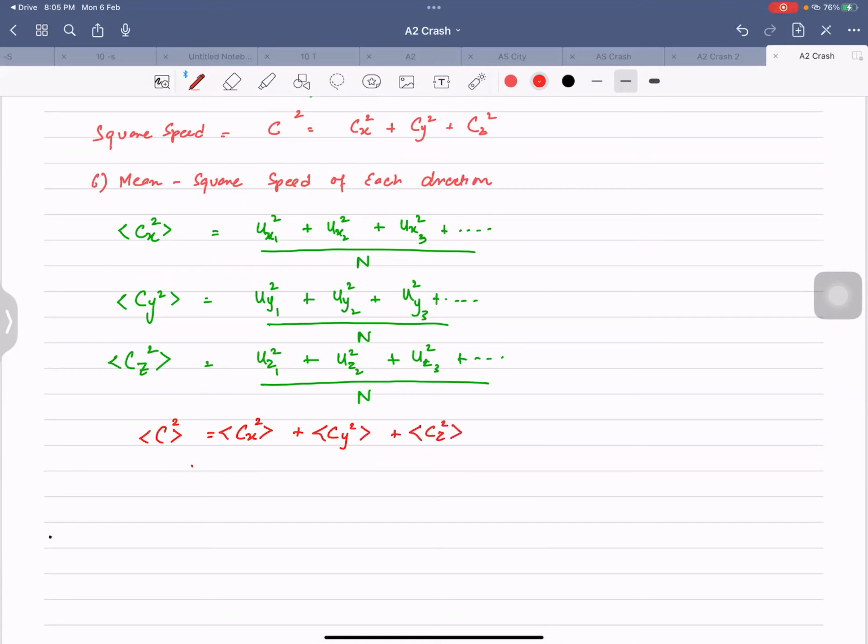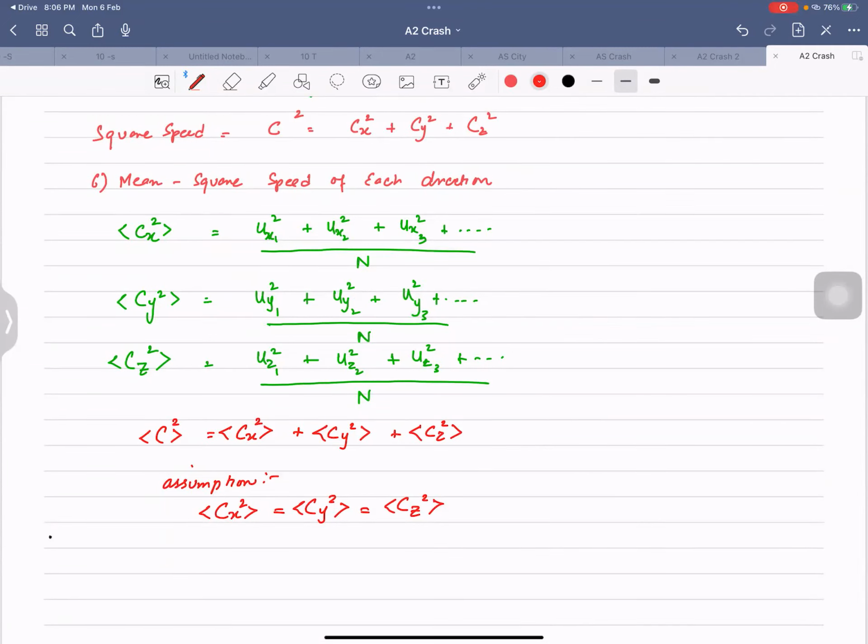And the assumption that we take here, which is very precise because it is almost exactly true, is that the mean square speed of all particles in x is equal to that of all particles in y, and to that of all particles in z.